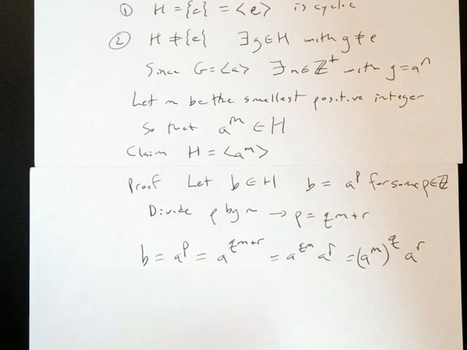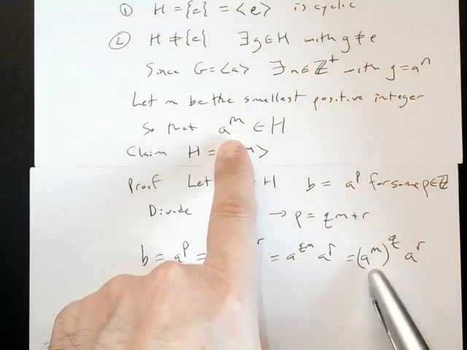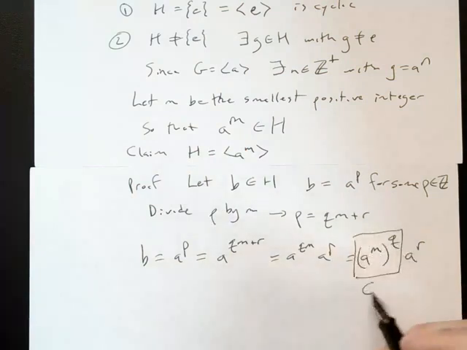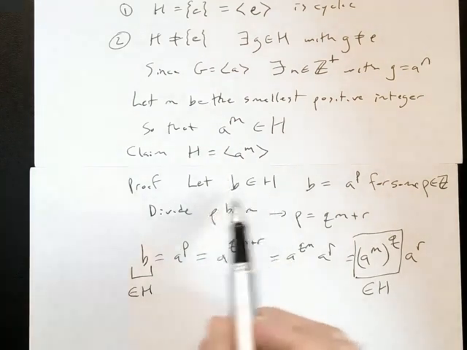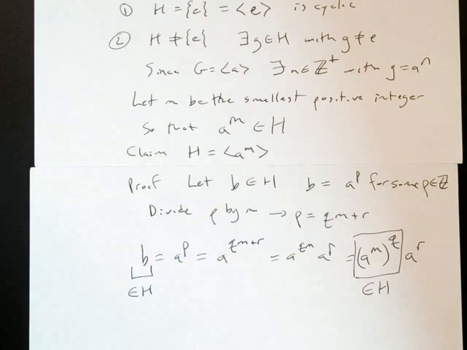Please note, this is something in H raised to a power. So this whole piece is definitely in H. Way over here, this whole piece is also definitely in H by our assumption. If this thing is in the subgroup, it's got an inverse. Yes?